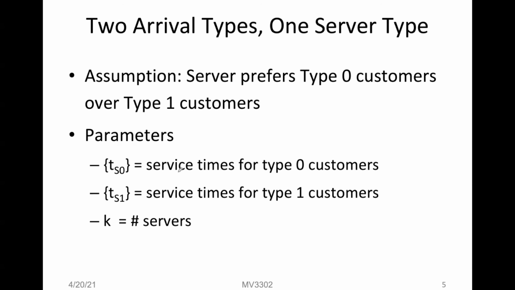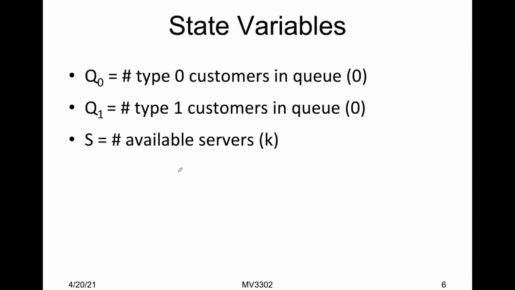Okay, but the idea here is that our basic multiple server queue does not capture this. So we need additional state variables. For our servers, we have the number of available servers.